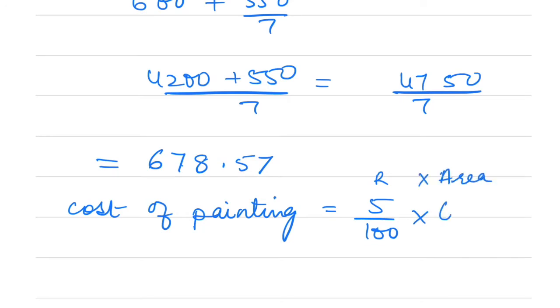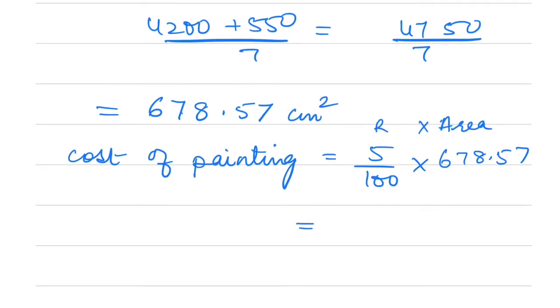So area is 678.57. This is in centimeter square. So we get 33.9285 rupees. This is the answer.